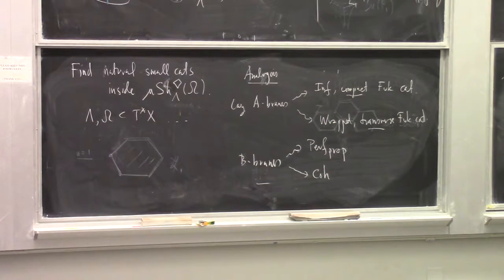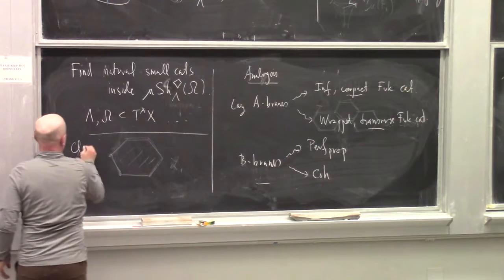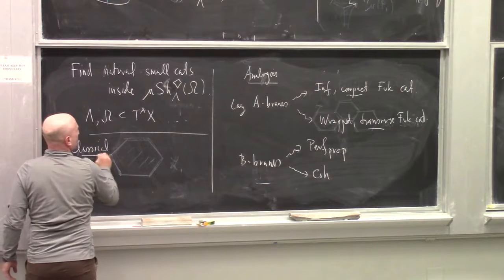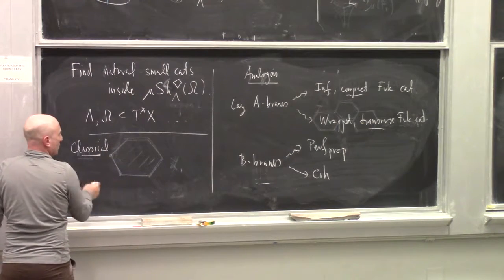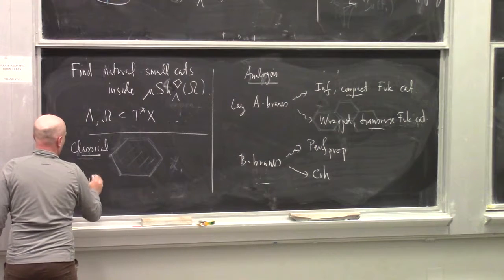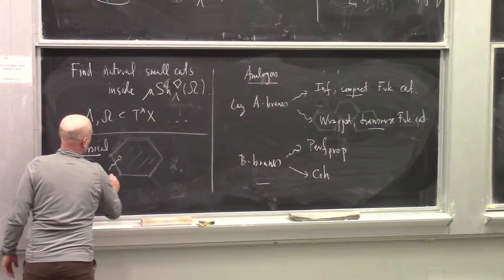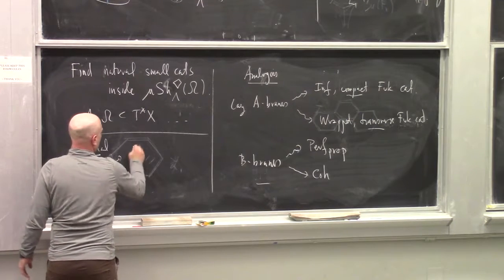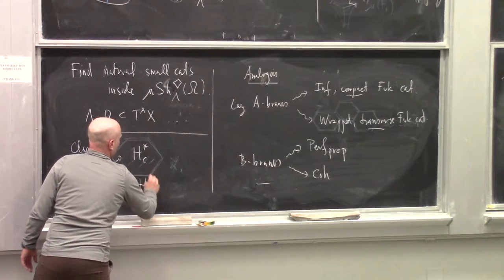Classically, a thing to have in mind that parallels both of these is homology or cohomology. You're trying to do topology, and there are two things you can assign: compactly supported cohomology or Borel-Moore homology.